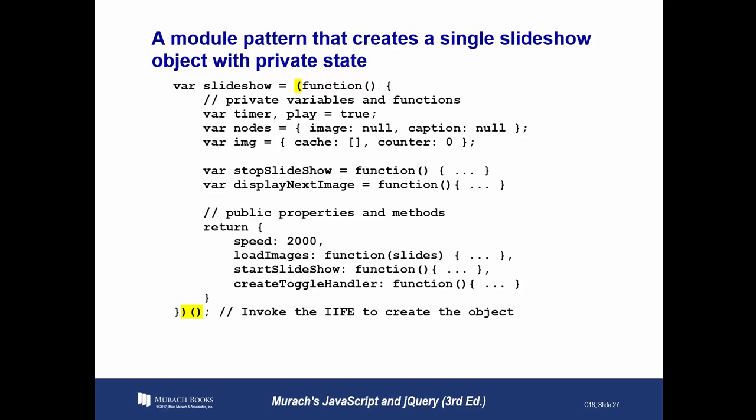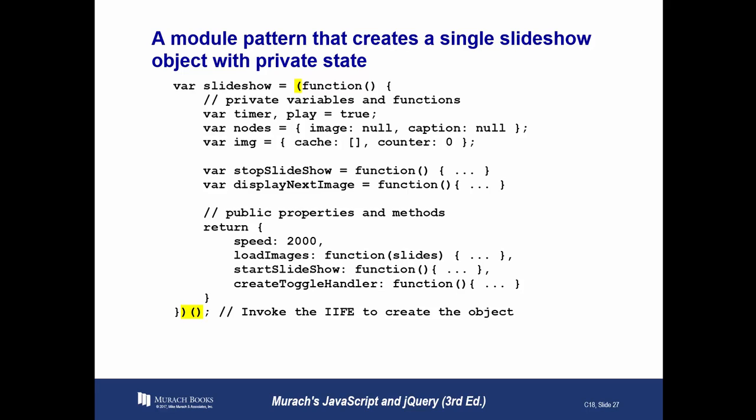We're about to talk about the module pattern. They mention here on page 560 that many developers and third-party libraries use the module pattern, which uses an IIFE to create a single instance of an object that has private state.